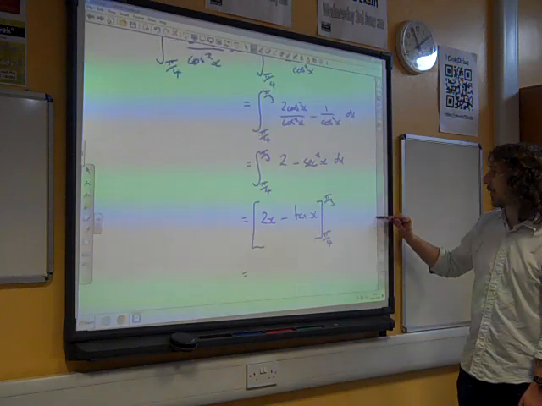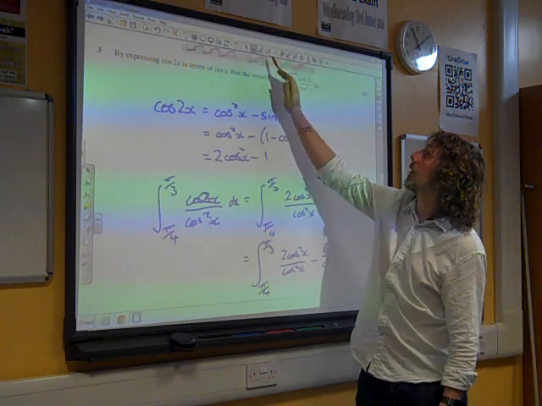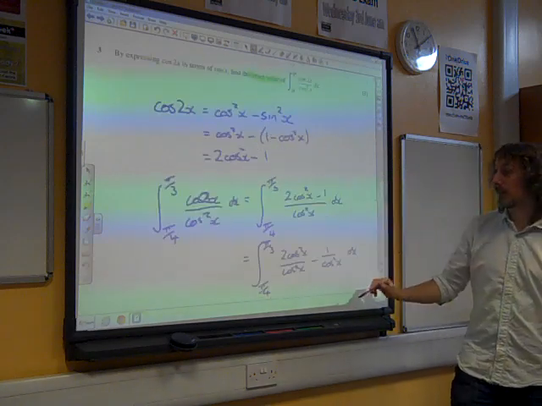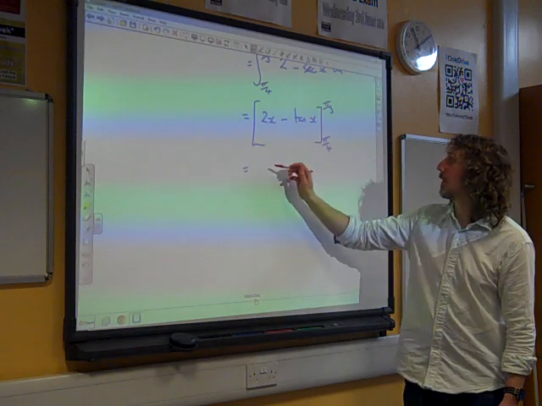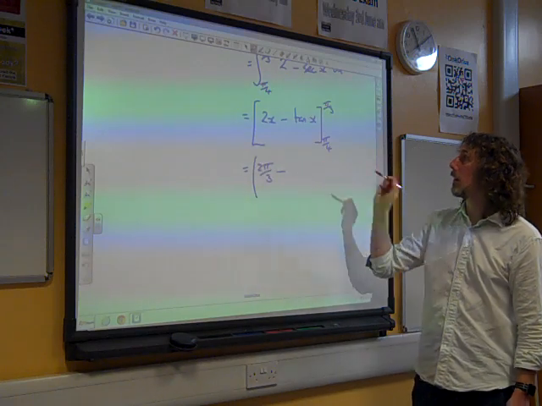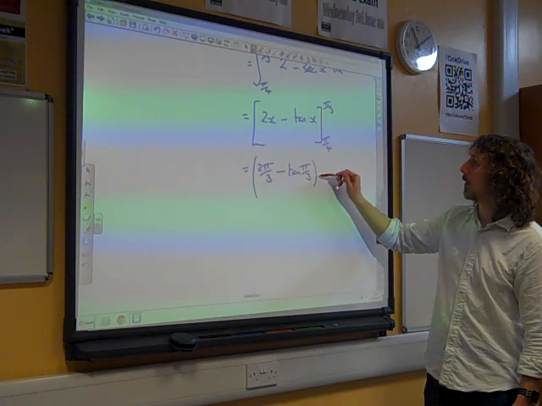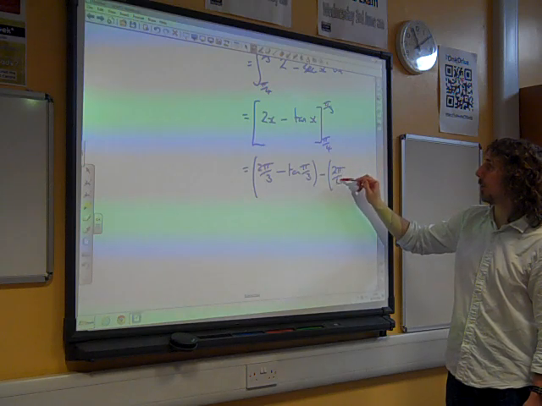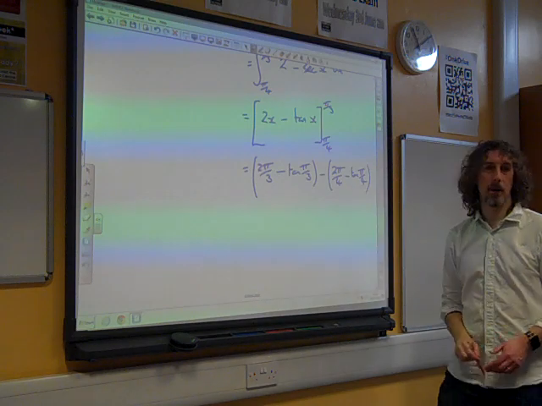And this question did say exact value, notice this. So don't just go for a decimal answer out of this. Put the limits in, and we're going to get 2 pi over 3 minus tan of pi over 3, we'll put it all in first, take away 2 pi over 4 minus tan of pi by 4.